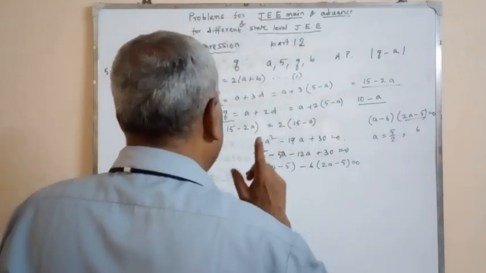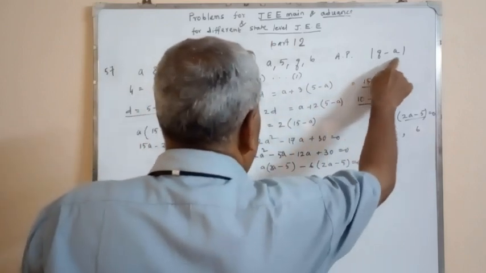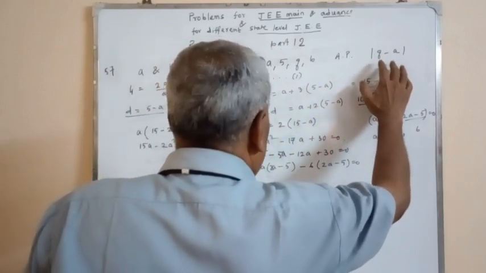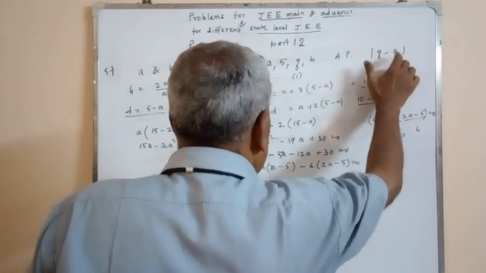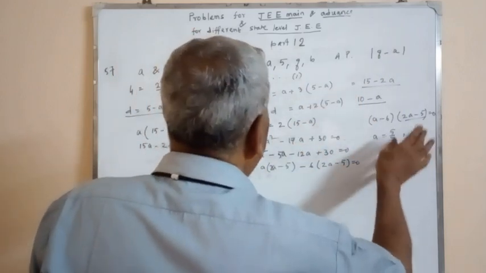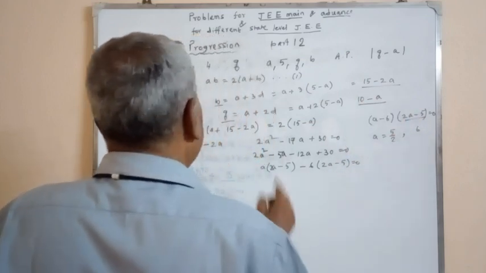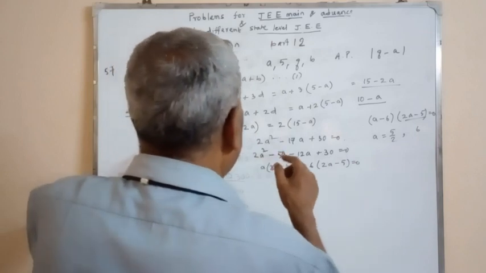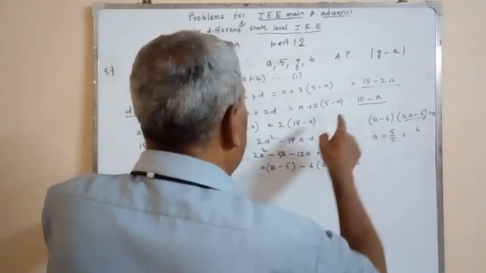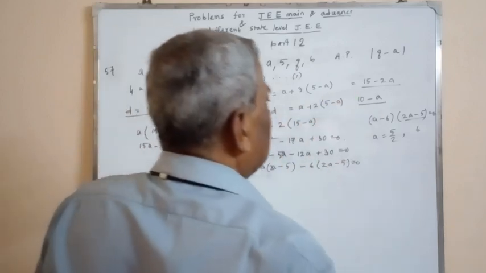So now to find the magnitude of the difference q minus a, we have to obtain it. Achha, a is clearly known, and the relation between q and a is this. This is equal to that.